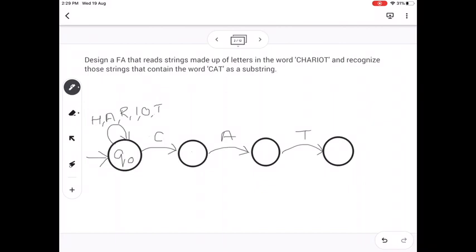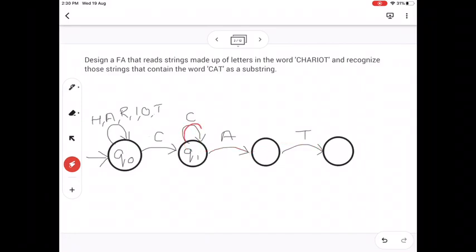Okay. Now, we have done with Q0. Now, our next state is Q1. Okay. At Q1, if I am getting A, I am going further. If I get C, where do I go? If I remain in the same state, see what happens. If I write self loop at Q1, how it will work? CAT.